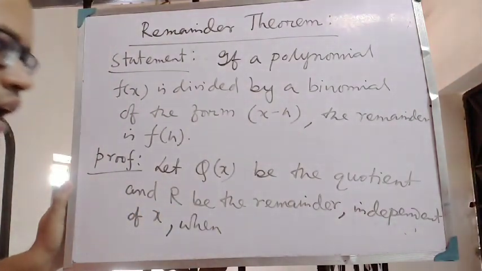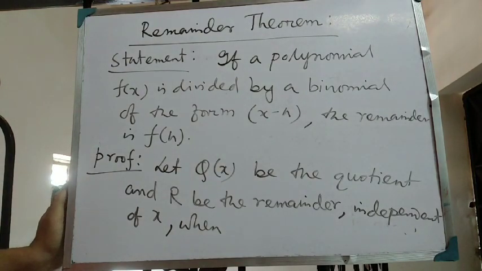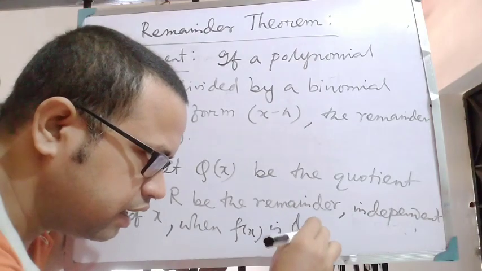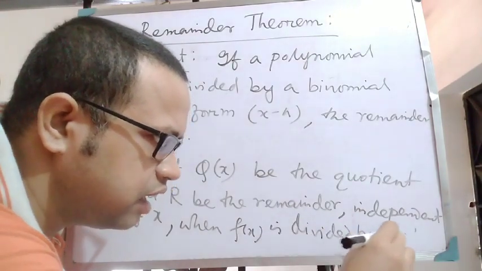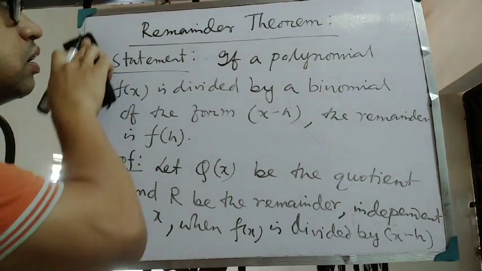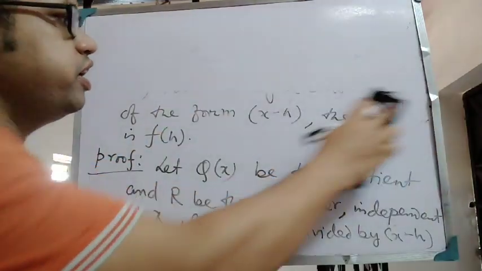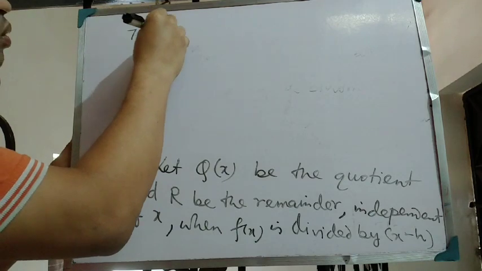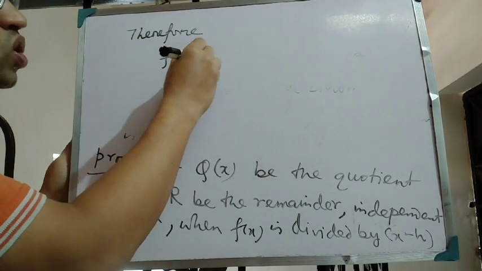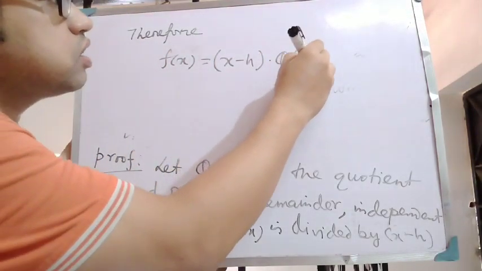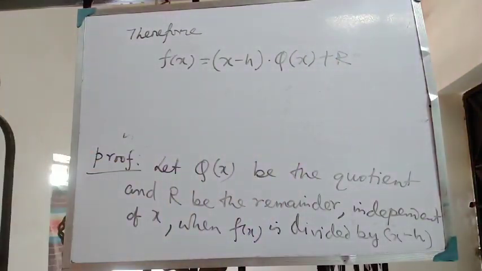When r is the remainder which is independent of x, that means it is a constant. When f(x) is divided by x minus h, I have already stated what identity you will get. Therefore, we can write f(x) equals x minus h into q(x), the quotient, plus the remainder.